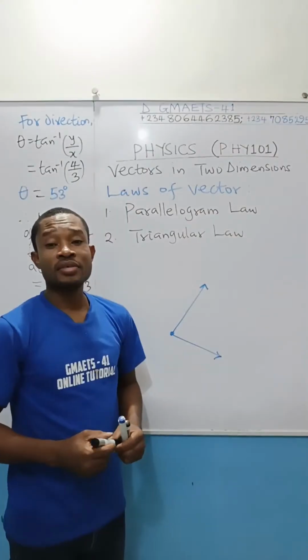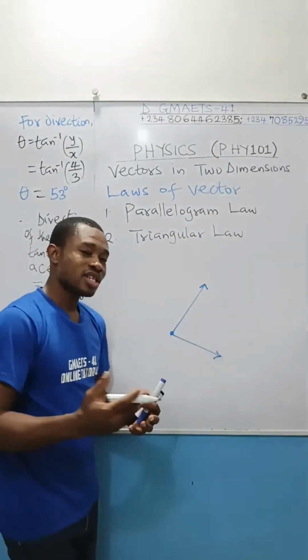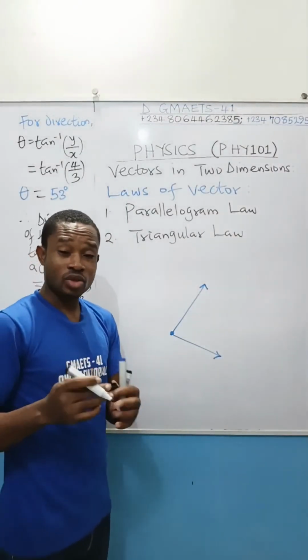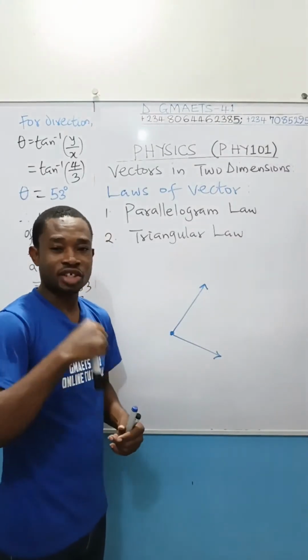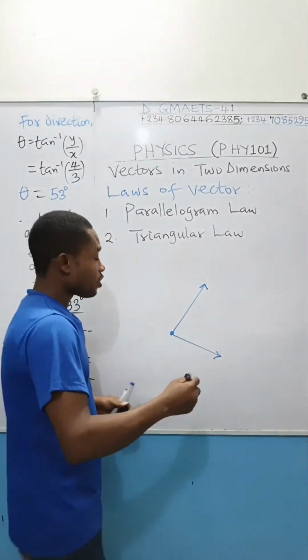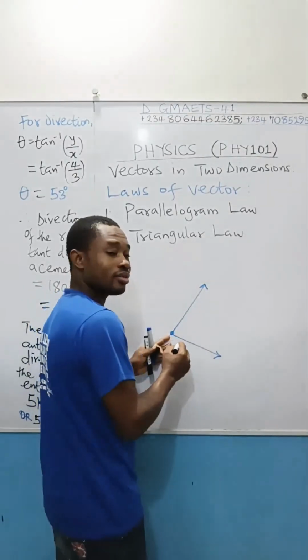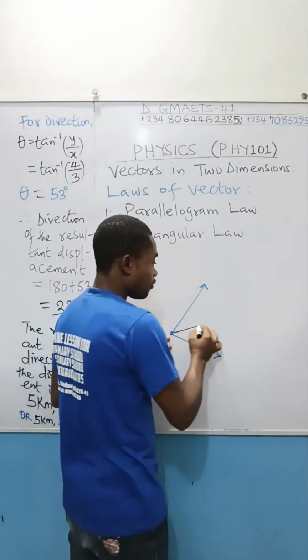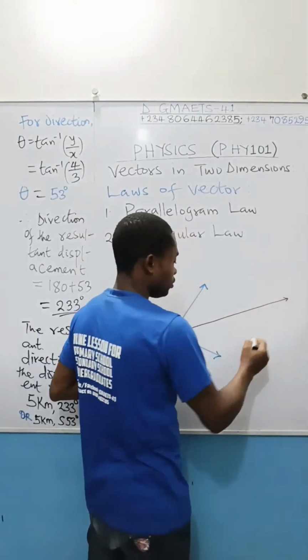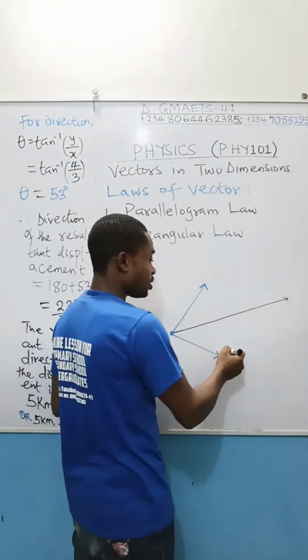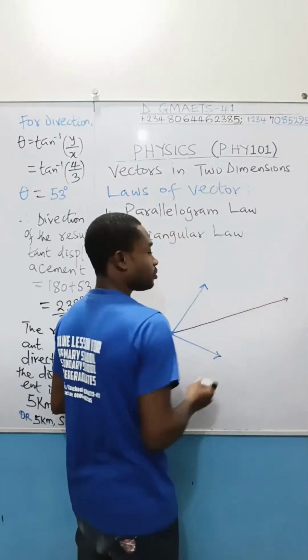For us to get the resultant, just like I explained under Pythagoras, remember, I told you that parallelogram law is simply an extension of Pythagoras' rule. The resultant is the diagonal drawn from the point of intersection. So all you have to do is to complete the parallelogram.